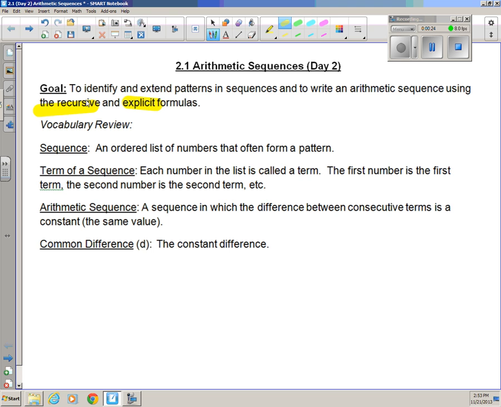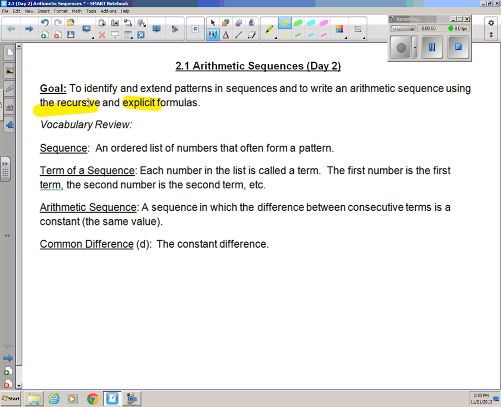So here's a review of what we talked about the other day. We had a list of numbers written out, and a sequence is just that ordered list of numbers that often form a pattern. Each number in the list is called a term. So the first number is the first term, the second number is the second term, etc. An arithmetic sequence is a sequence in which the difference between consecutive terms is constant.